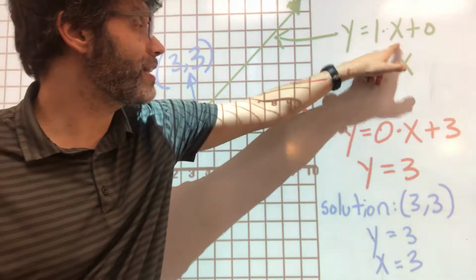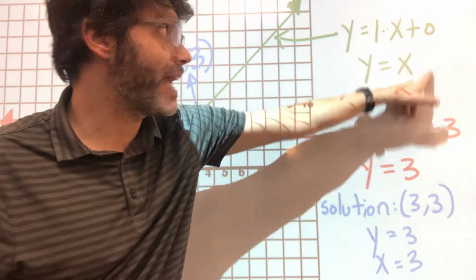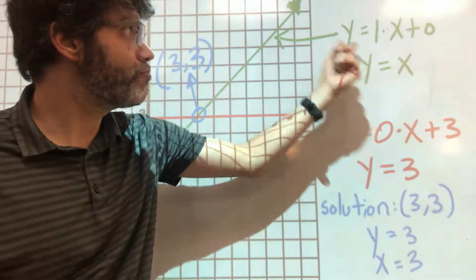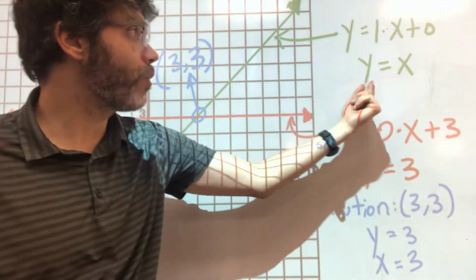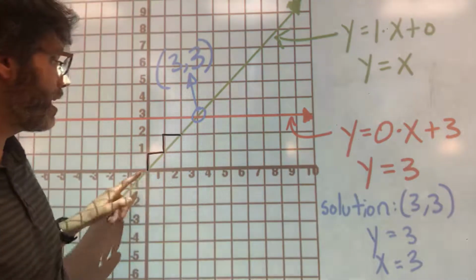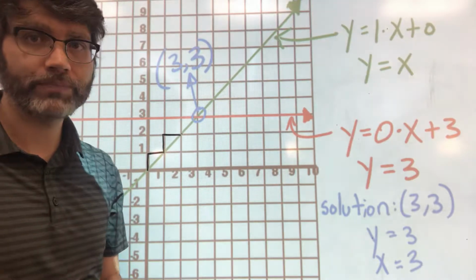So since 1 times x is just x, and 0 doesn't add anything, you can rewrite this longer form of the slope-intercept equation as y equals x. So that's why this green line has the equation of y equals x.